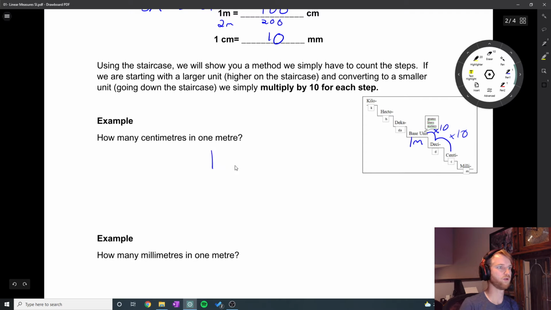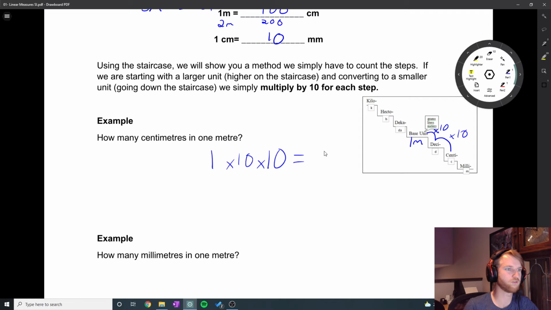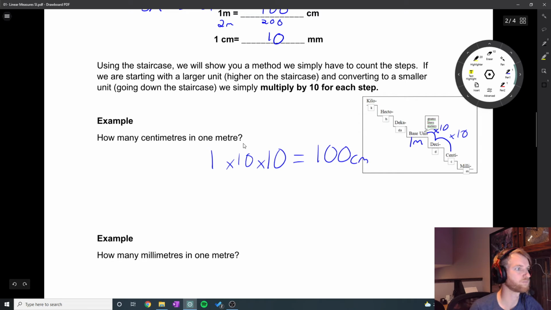So we're going to have 1 times 10 times 10. That is going to give us, you can put it into your calculator if you want to, 100 centimeters. So this just proved what we already knew. We already know that 1 meter is 100 centimeters, but this is using this tool to do it, which is handy when we're working with less familiar numbers.